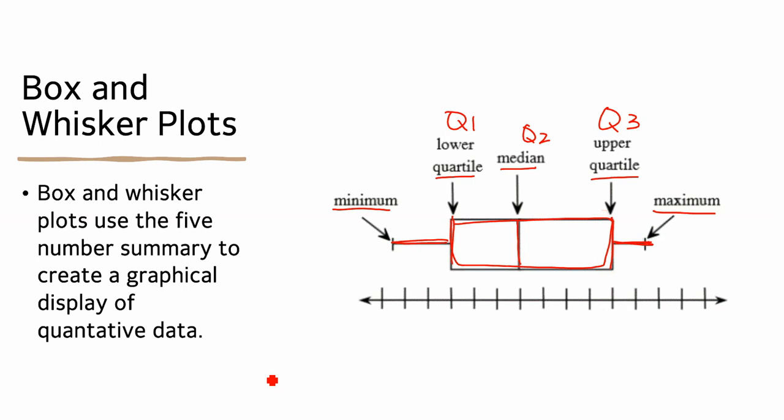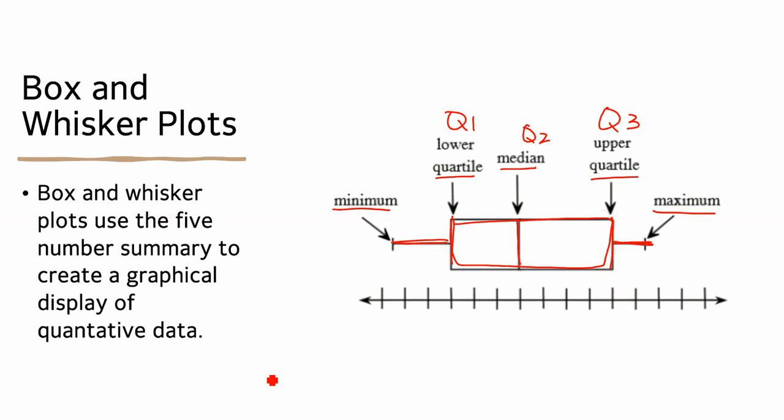Before we really get started, really the only thing that you need to remember for the Keystone exam with box and whisker plots is this: remember we talked about our chocolate bar when we found quartile 1, quartile 3, and the median?